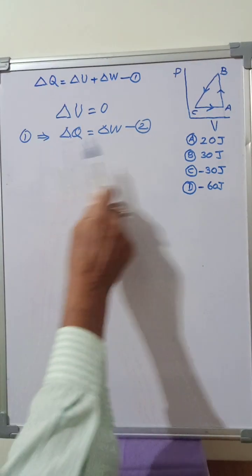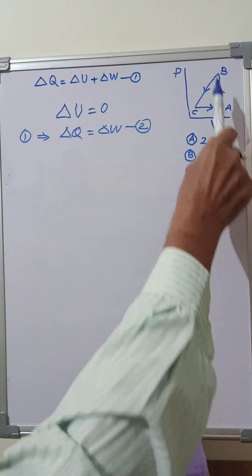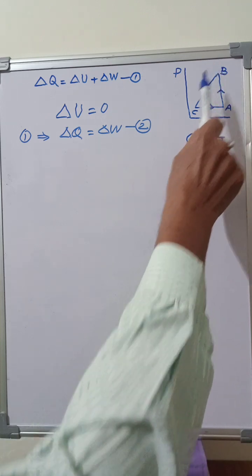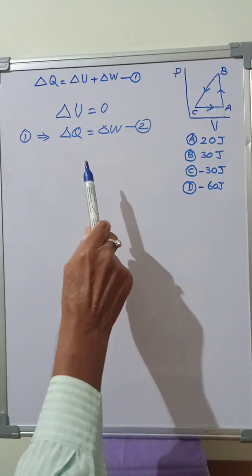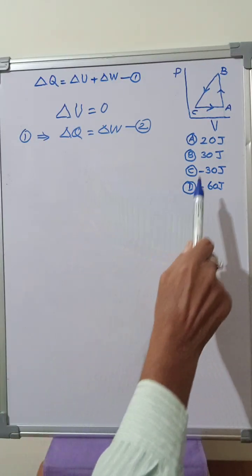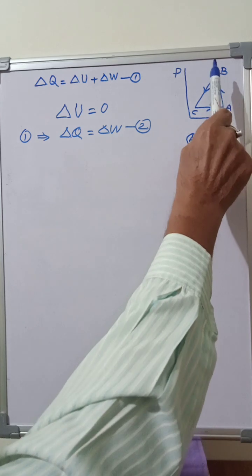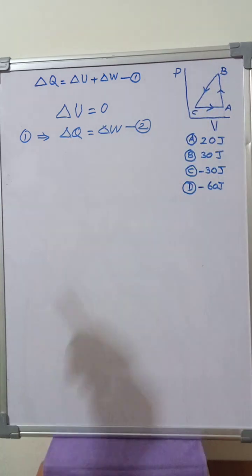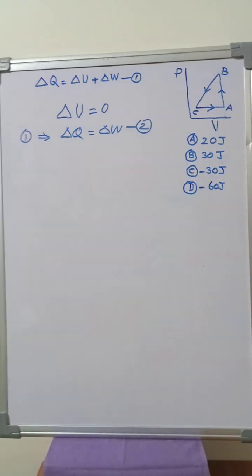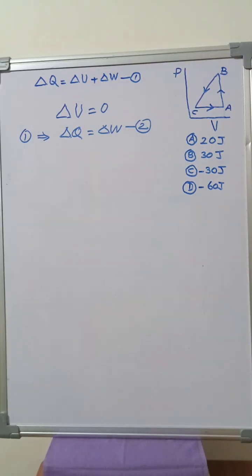Delta Q is equal to delta Q AB plus delta Q BC plus delta Q CA. Similarly, delta W is equal to delta W AB plus delta W BC plus delta W CA. Let us write those quantities.